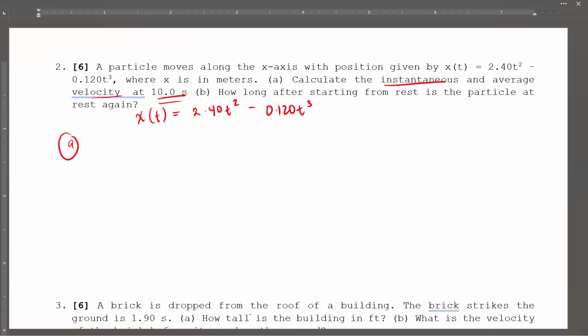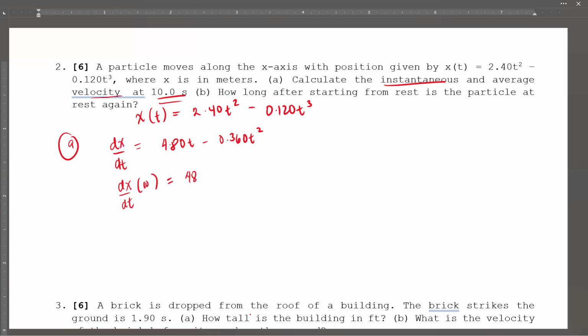No? So, ito, very obvious kasi instantaneous at 10, tapos velocity from, I think kinorek ko 'to, velocity from 0 to 10. So let's start first with instantaneous, no? So dx dt, this is simply 4.80 t minus 0.360 t squared, and we want to get the dx dt at 10 seconds.